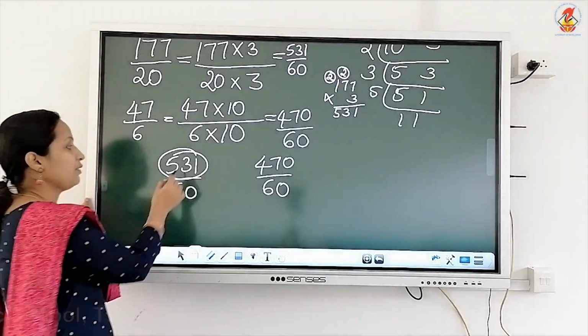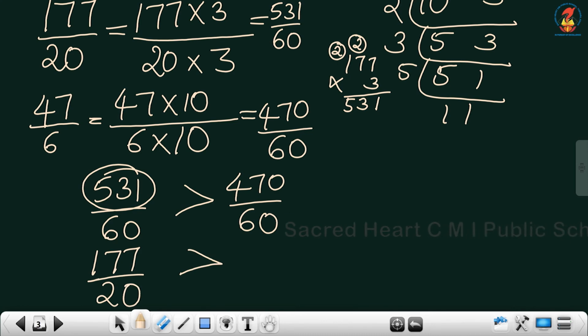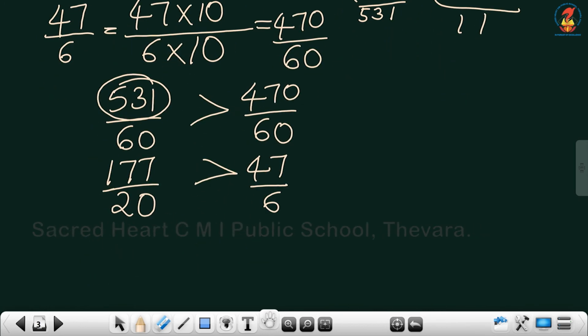So we can say 531 by 60 is greater than 470 by 60. And look at the part, 531 by 60 is equivalent to which fraction? 177 by 20. And 470 by 60 is equal to which fraction? 47 by 6.